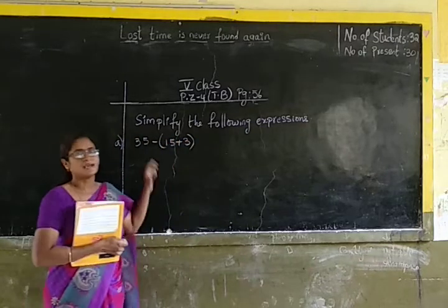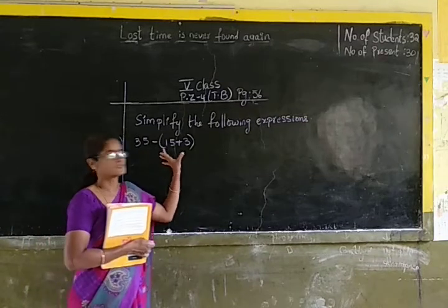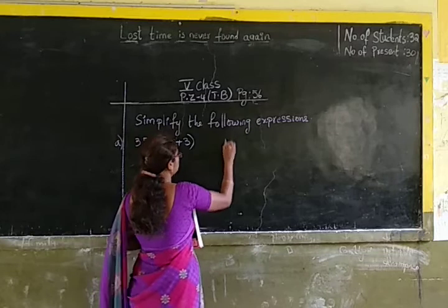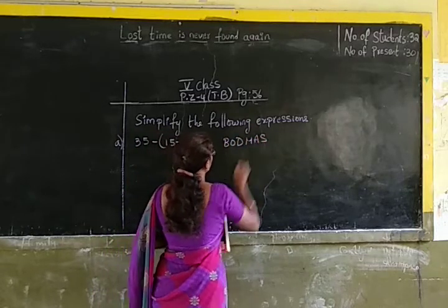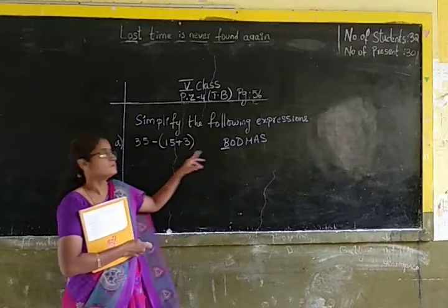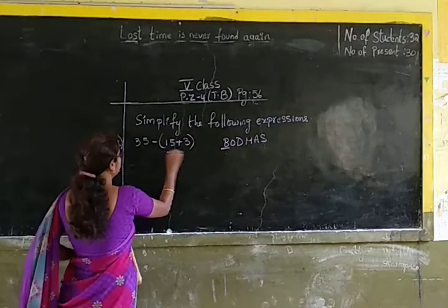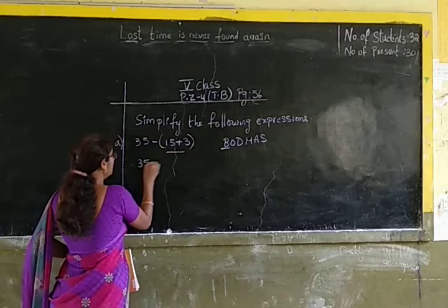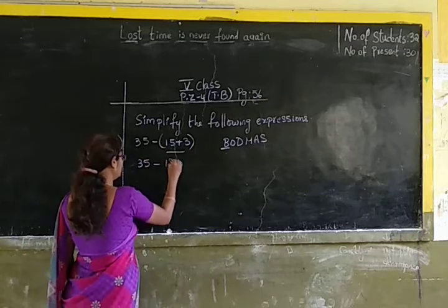Here this mathematical expression is having numbers inside brackets. So according to the BODMAS rule, first we have to solve the terms in the bracket. Let us solve the terms in the bracket first. 35 minus (15 plus 3). 15 plus 3 is 18.